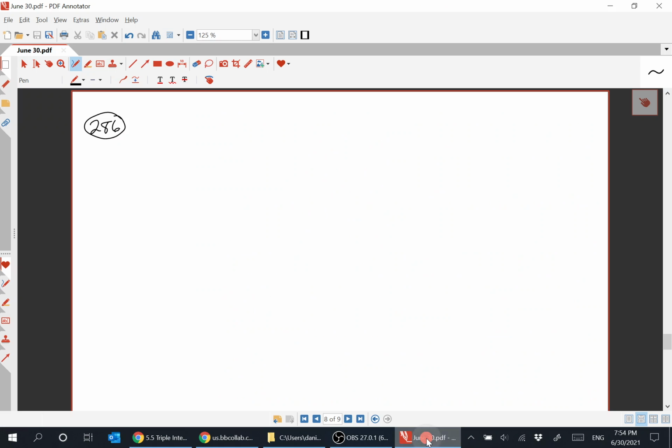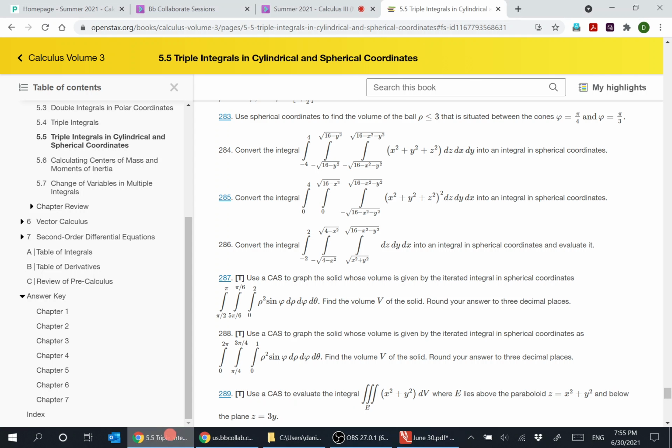So 286. So it's square root x squared plus y squared, 16 minus x squared minus y squared. Is that what it was? Yeah.